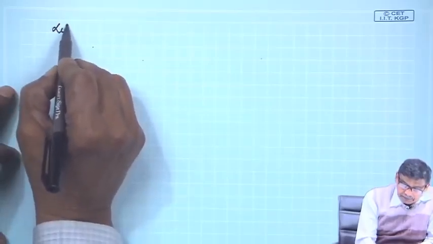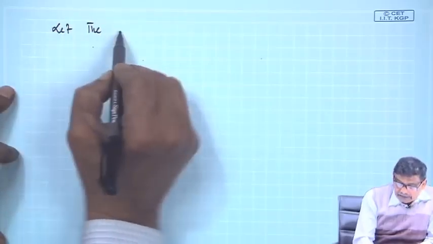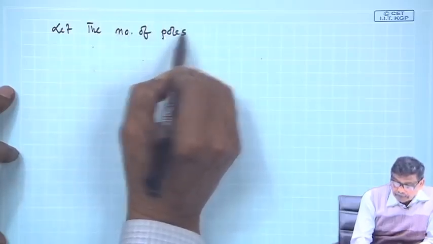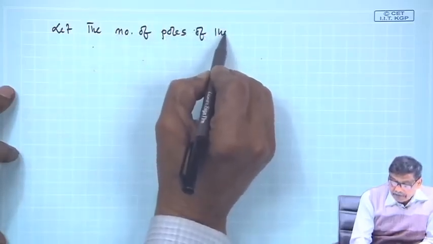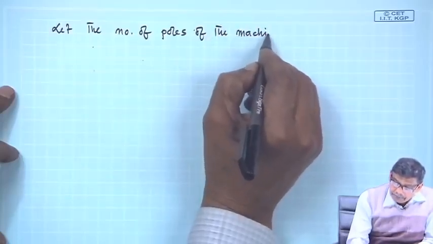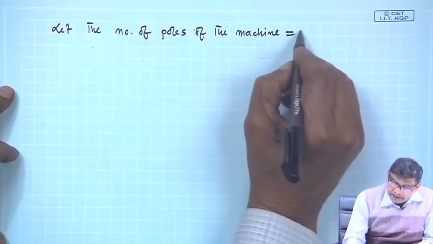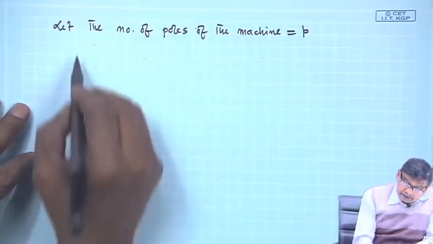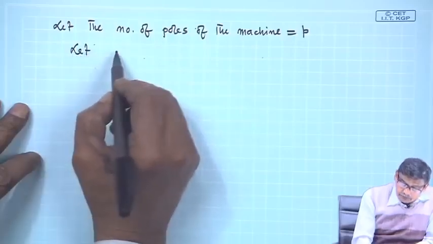So, the problem definition is, let it be a p polar machine, let the number of poles of the machine be p, okay, and let me write more formally.